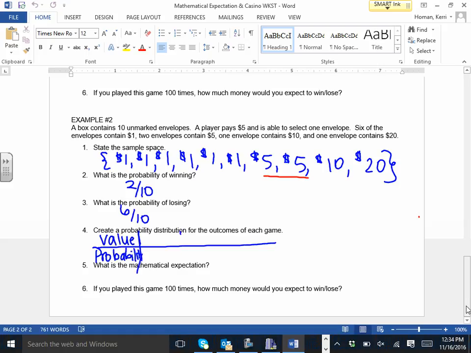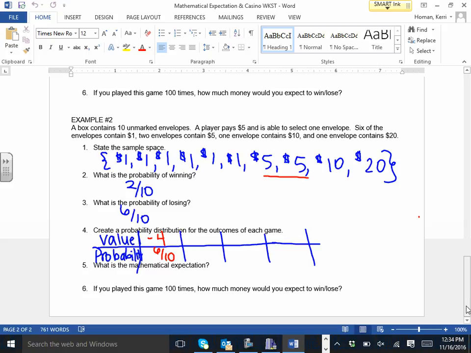Okay, so if we place $5 down and we get a dollar envelope, how much are we down? Yes. So our value is -4, and we decided that probability was 6 out of 10.